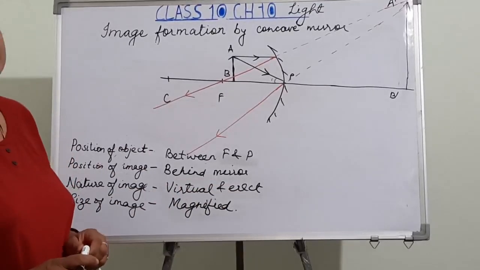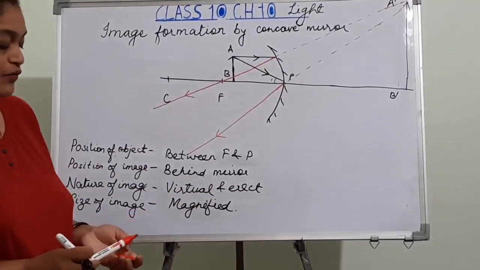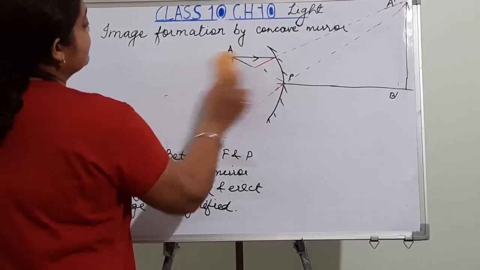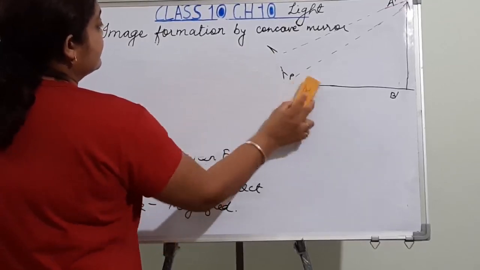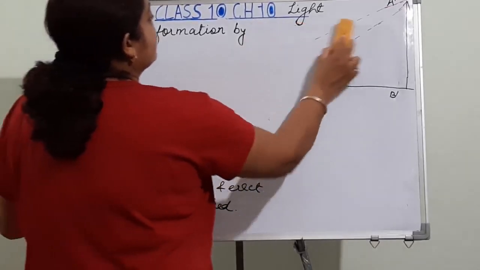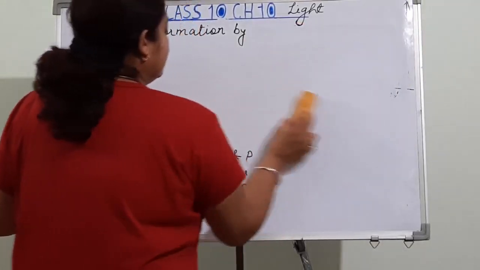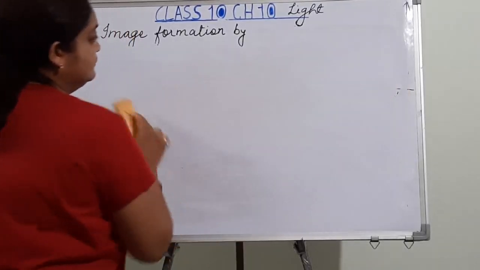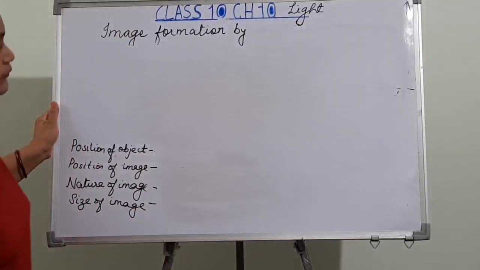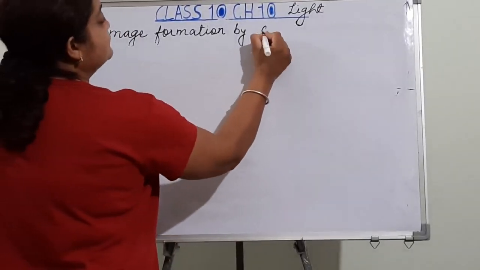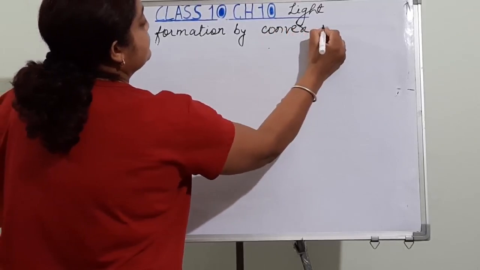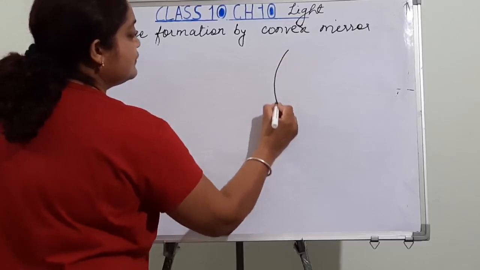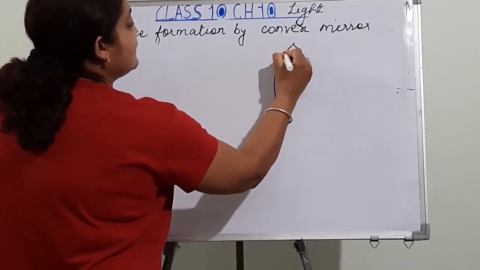Okay, now we will see the image formation by a convex mirror. So this is a convex mirror.